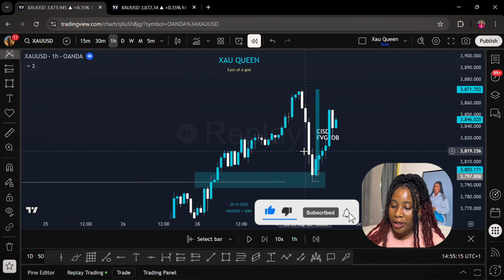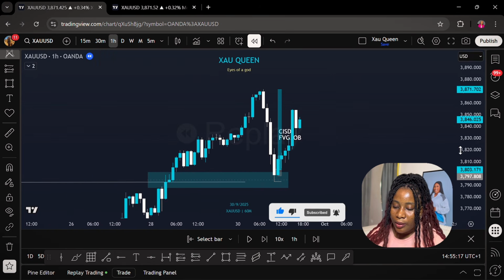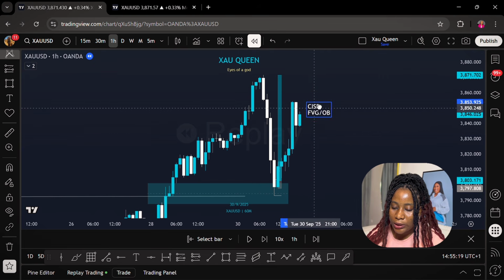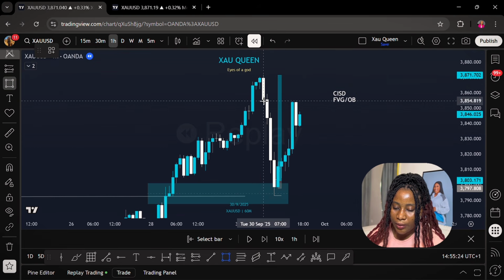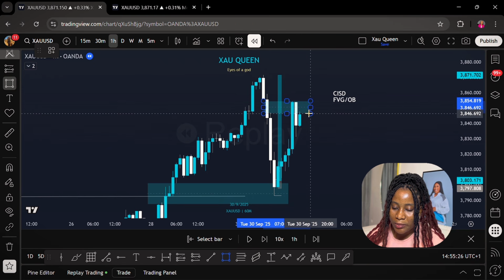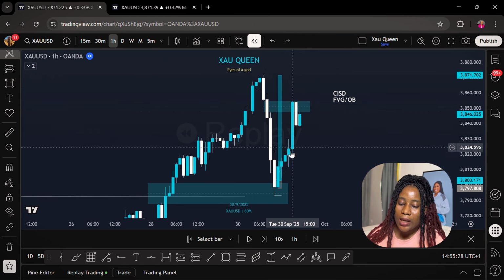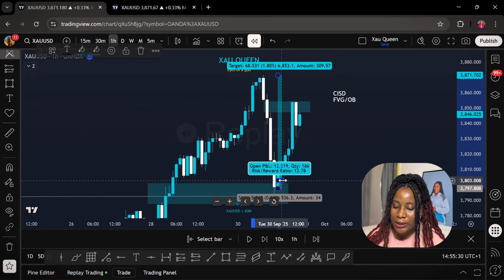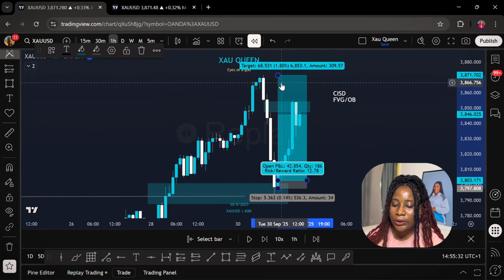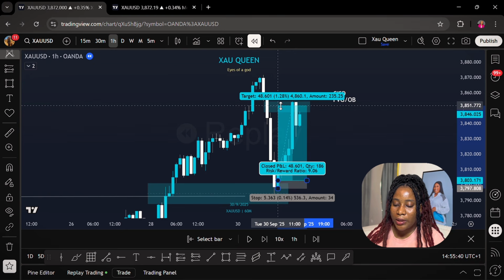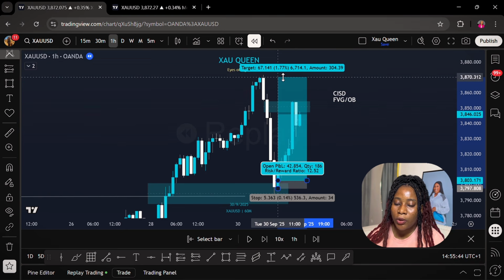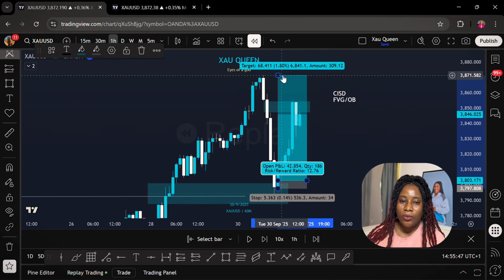While the trade was running, I noticed a 1 hour FVG here, and immediately price started rejecting. I took my profits at 1 to 9 RR, around here. But the whole trade was 1 to 14 RR.